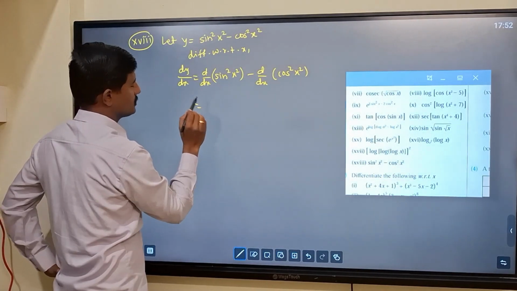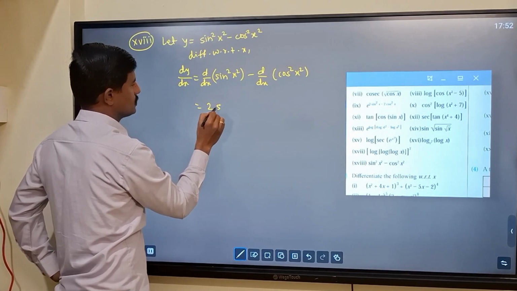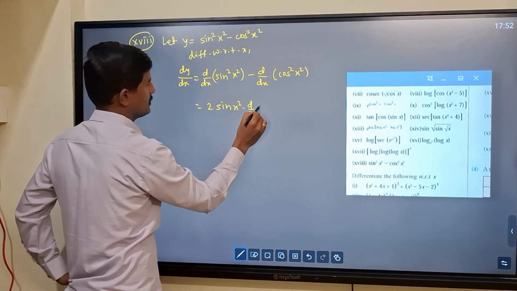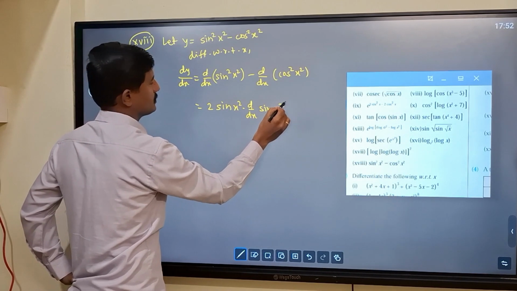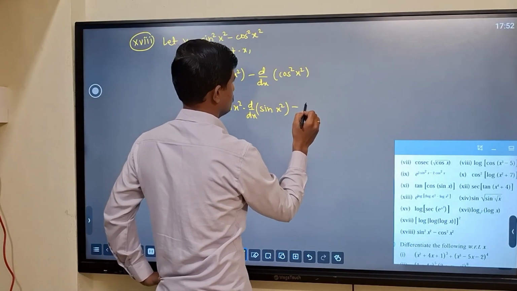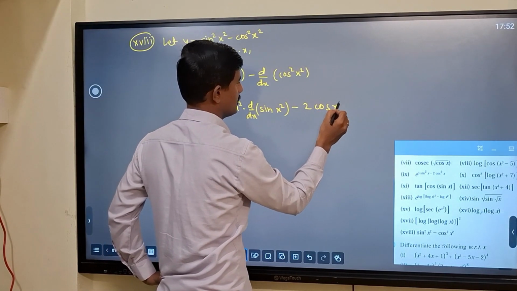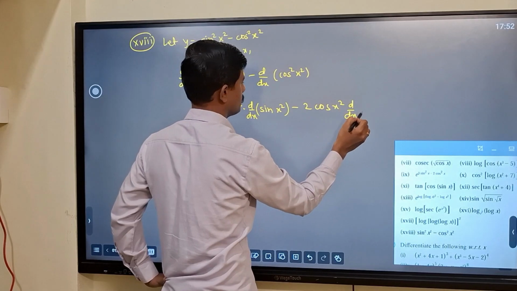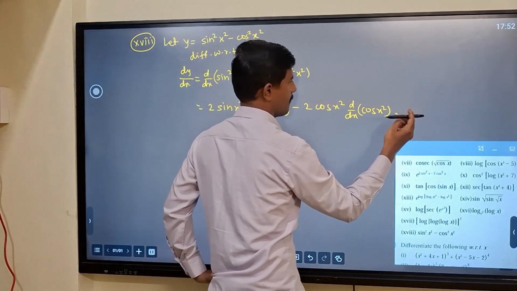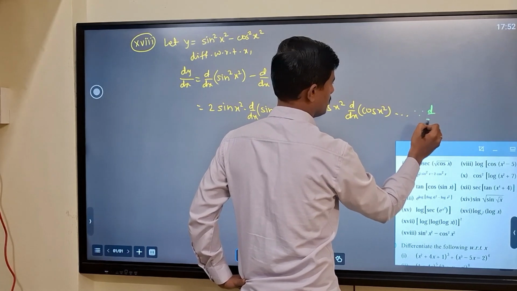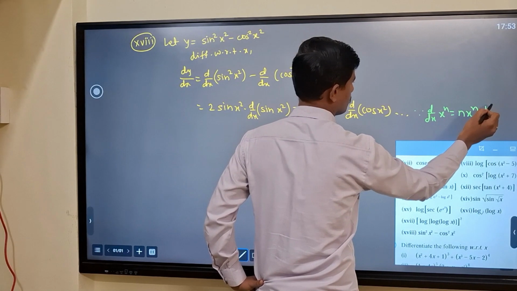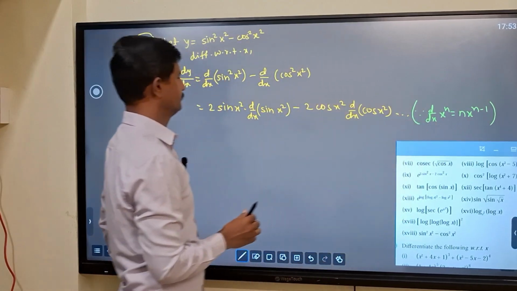First differentiation of this square: 2 sine x square into d/dx of sine x square, minus 2 cos x square d/dx of cos x square. Here we used the formula d/dx of x raised to n, that is n x raised to n minus 1.